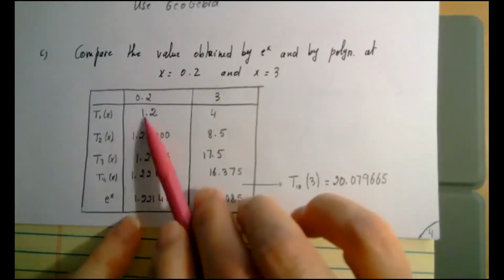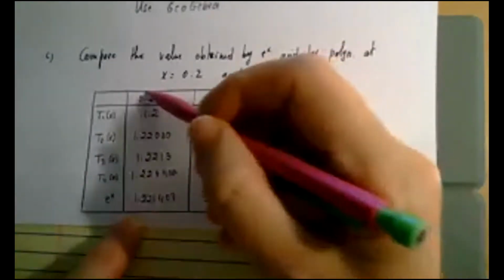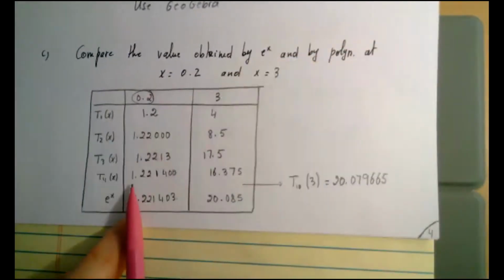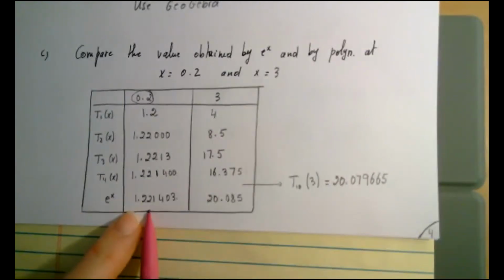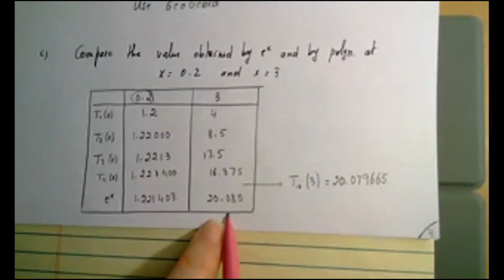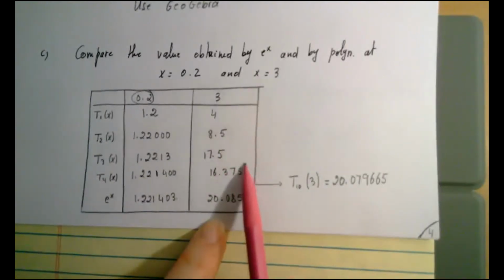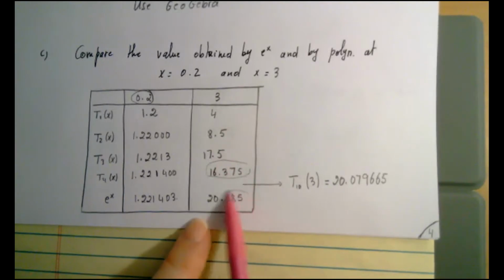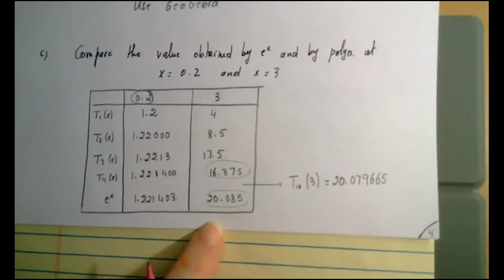And we realized if I am very close to 0, the fourth degree Taylor polynomial almost gave me the exact value of the exponential. But as I got farther away, at 3, the fourth degree polynomial is farther away from the actual value, just because we are very far from 0.